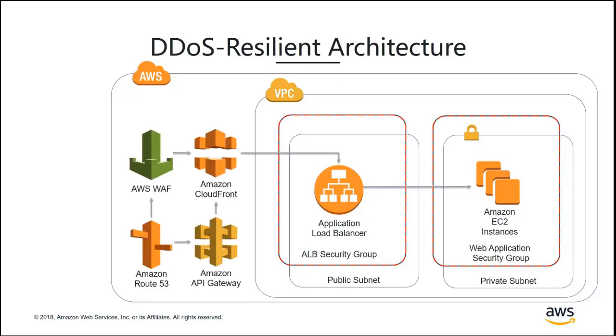When you front that load balancer with Amazon CloudFront and Route 53, and then activate AWS WAF, you'll see that the DDoS attack lands on the WAF, and the WAF is able to block layer 7 traffic if it's an application attack. And if it's a volumetric attack, then CloudFront will absorb that attack, keeping undue strain off of the ALB and off of your EC2 instances.